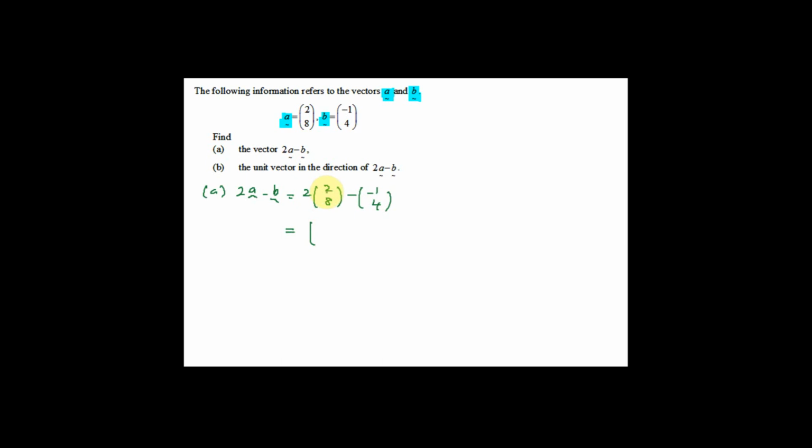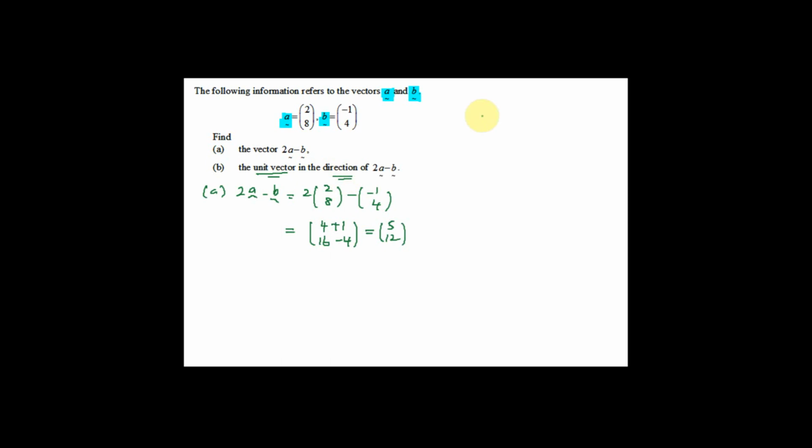So you have 2 multiplied by 2, 4, minus negative 1 becomes plus 1. 2 multiplied by 8, you have 16 minus 4. So the vector 2a minus b equals (5, 12).